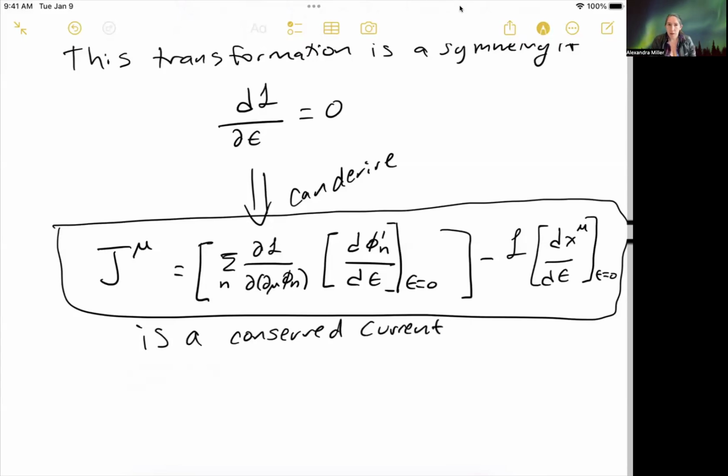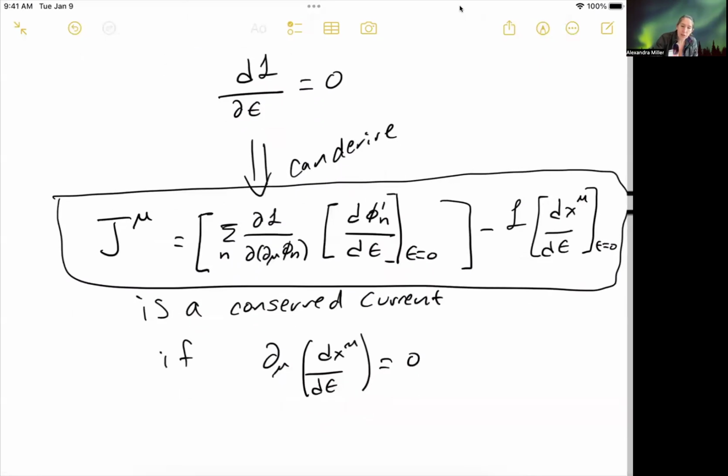Again, this holds if the variation of our Lagrangian with respect to the transformation parameter epsilon goes to 0, and if there's some additional requirement, which is a little bit of a technical detail, we also need this thing to be 0, although that thing is going to be 0 in most cases of interest.